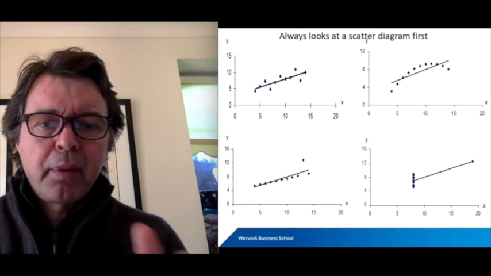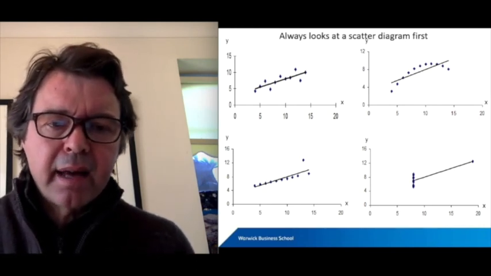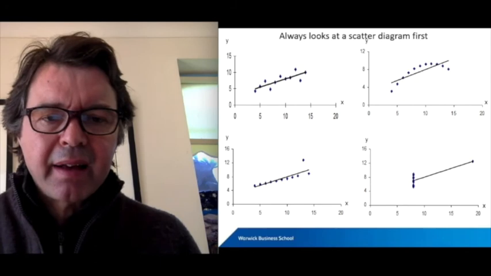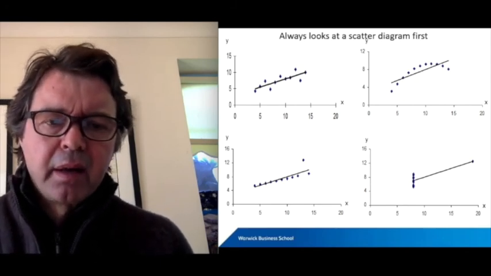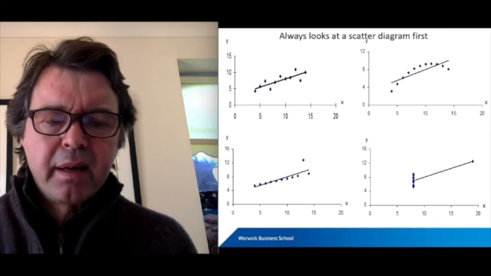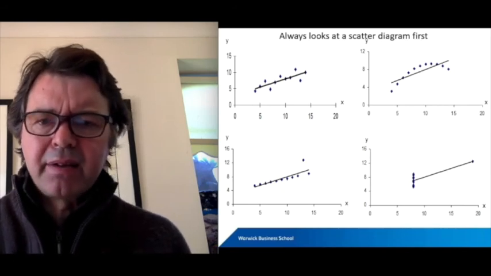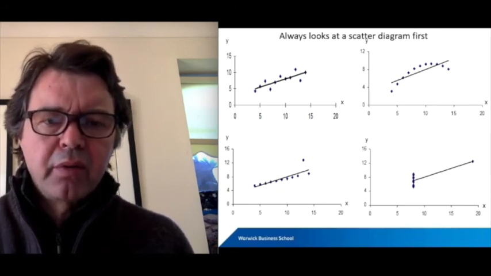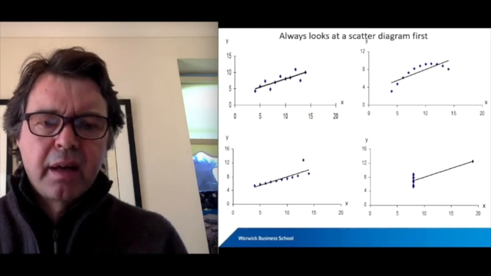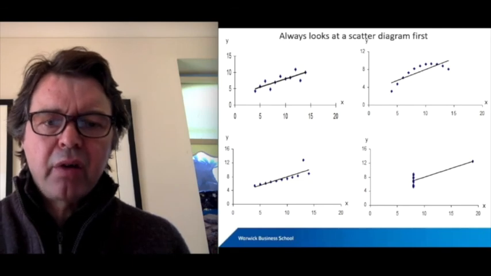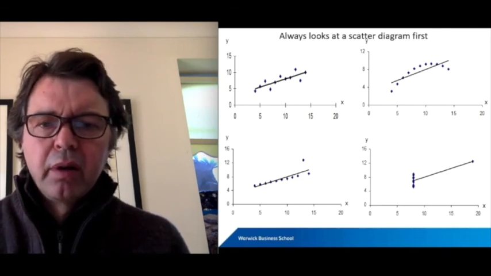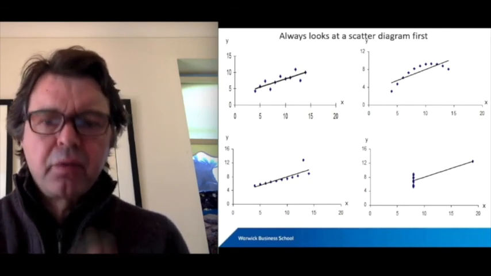Now, if we look at the bottom right data set, we see that something really quite strange is going on there. There doesn't seem to be any clear relationship at all. All of the data points have the same x value. So we can't build a model if all the x values are the same.